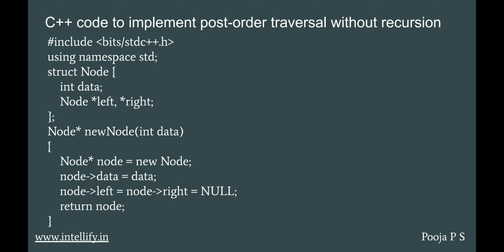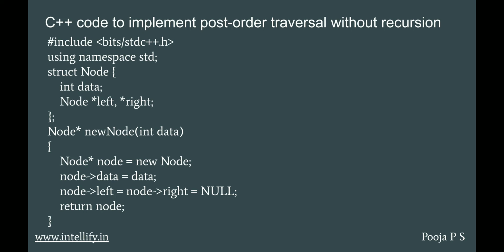Now coming to the code to implement this post-order traversal without recursion. Here we are using struct node. We are creating a structure where data is the field that contains the data of the node, and we are creating two pointers to point to the left and right child.